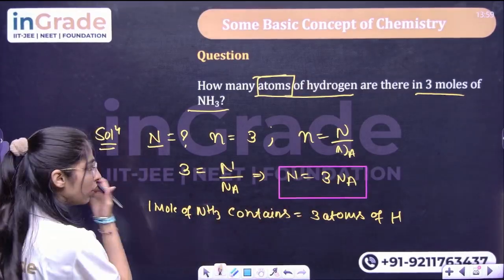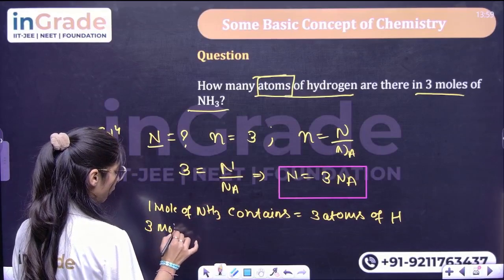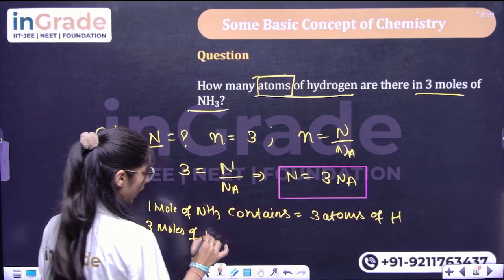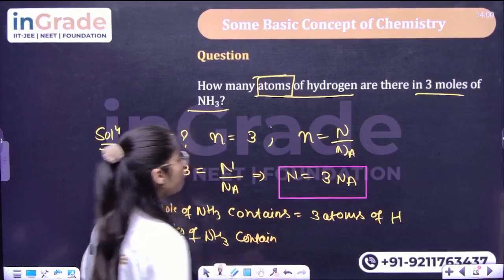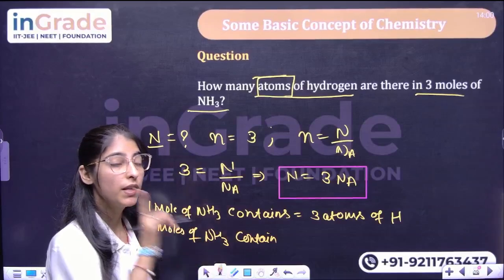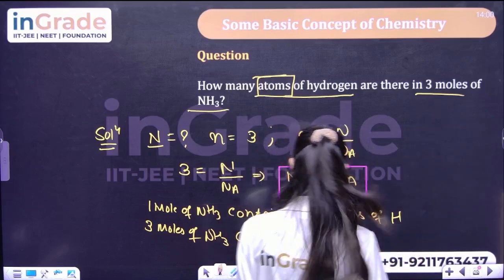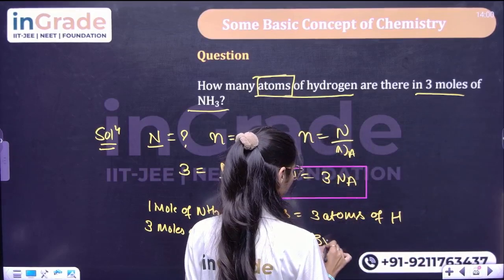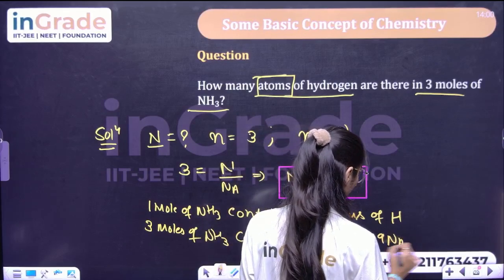So if I want to calculate how many atoms are present in this much moles, how am I going to calculate? I can write it like this: 3 moles of NH3 contain, okay, one more thing, if it is talking about atoms, then we all know that it is equal to 3 into 3 into Na, that simply says 9 Na.